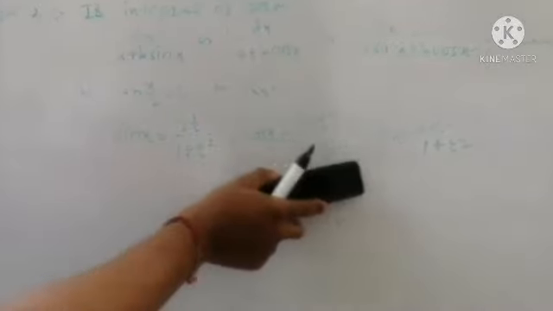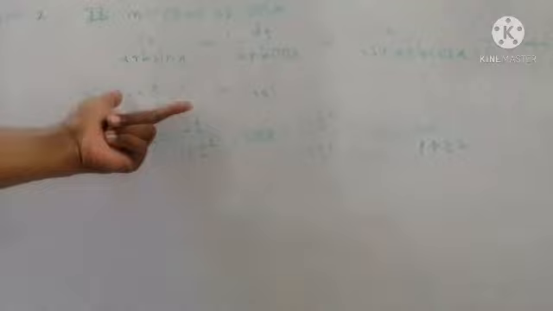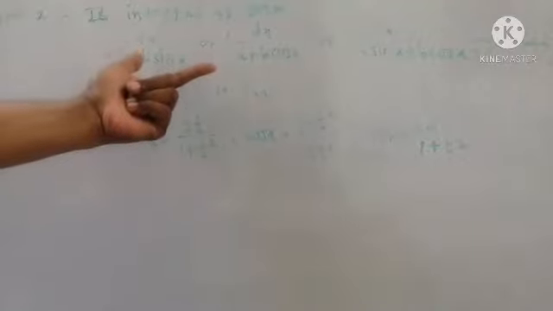Okay, to solve such a type 2 integration, we have to put tan x by 2 equal to t. Actually, we know in the substitution method we put the term which is contained in the integration and whose derivative can be adjusted in the integration, but here tan x by 2 is not given.